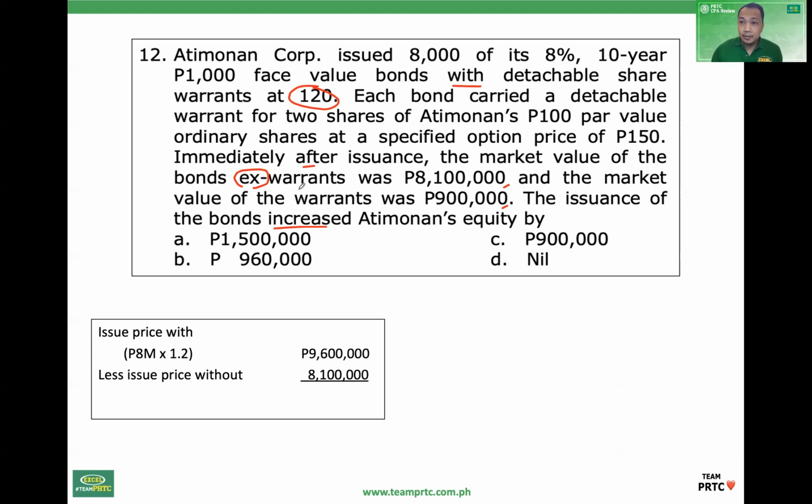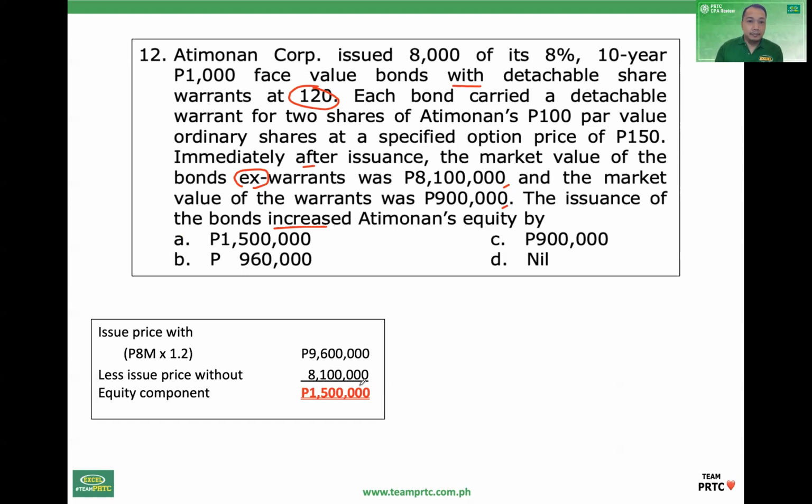Kung mag-i-issue lang ng bonds without any other features, 8.1 basic. Pero kung bonds with added feature, and that is the warrants, 9.6. So kumbaga bonds with flavor, 9.6. Bonds without flavor, 8.1 lang. So clearly, may na-create na difference, yung warrants. At yung difference na yon, that is the increase in equity.